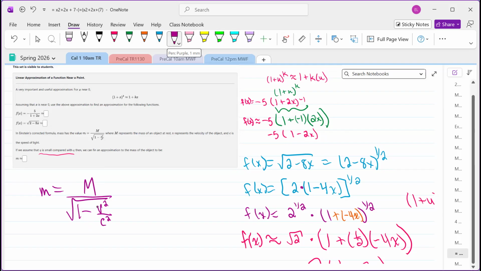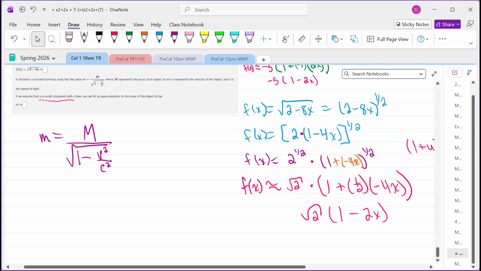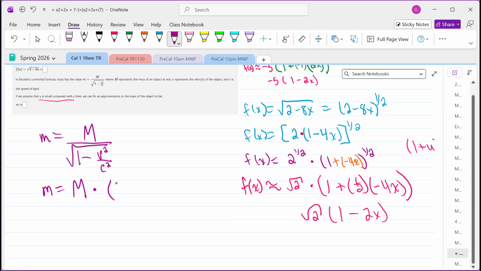So v is our variable that we're focusing on. So first thing I'm going to do is rewrite this formula. So little m equals big M times 1 minus v squared over c squared to the negative 1/2 power.